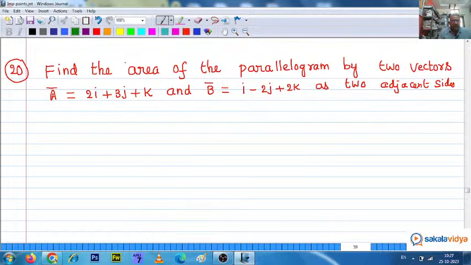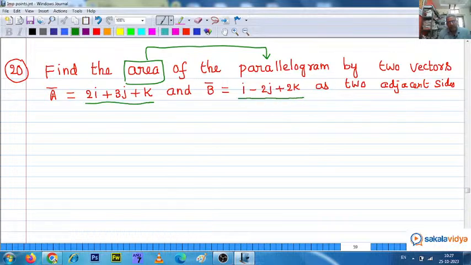So that means the area of the parallelogram whose adjacent sides are A bar equal to 2i plus 3j plus k, B bar equal to i minus 2j plus 2k. It's very simple. When two adjacent sides of a parallelogram are A bar and B bar, first find A cross B, then find the modulus of A cross B. That determines the area of the parallelogram.